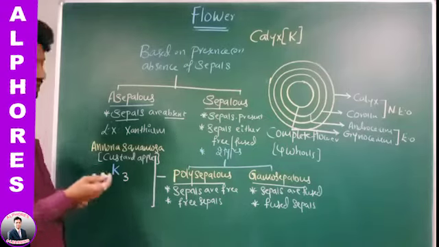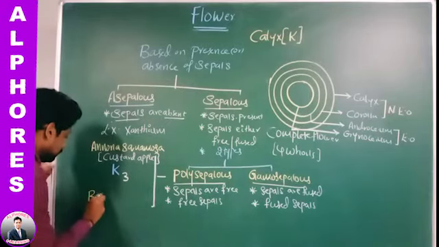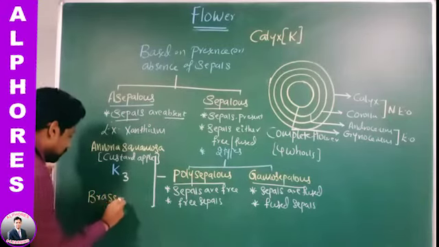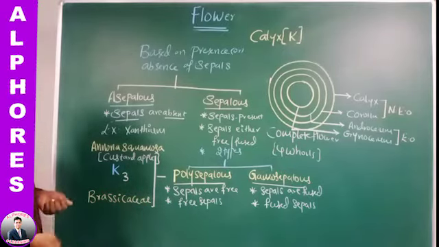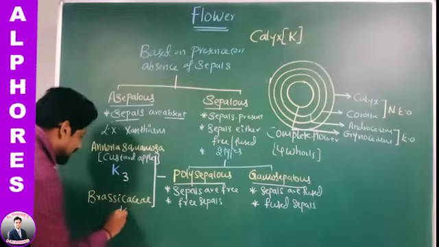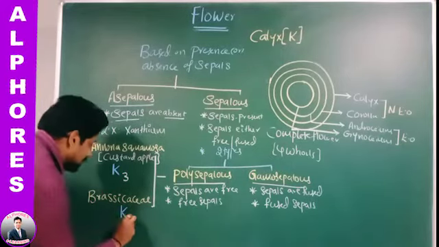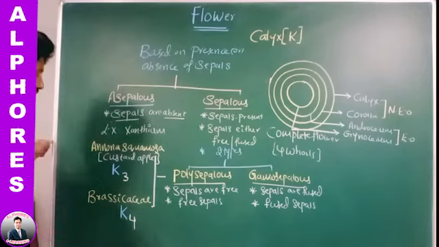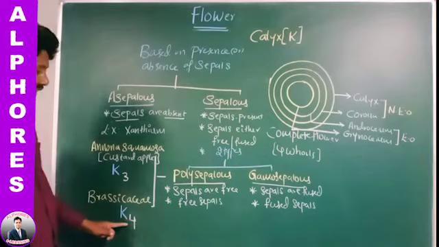Brassicaceae family. In the Brassicaceae family, calyx is with 4 sepals. There is no bracket for this 4.